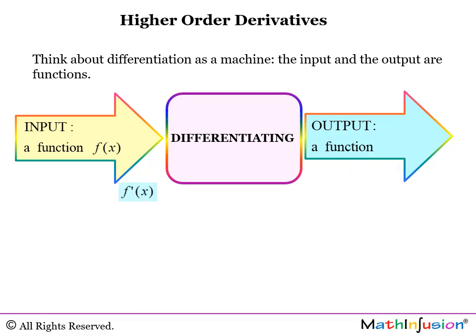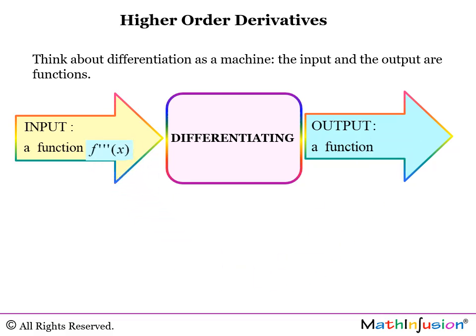But because this is a function, we can now put this again in the machine. And we will get the second derivative, because it's the second time we are differentiating the function. But this is a function as well. So why not take this function again, differentiate that, and get a new function?